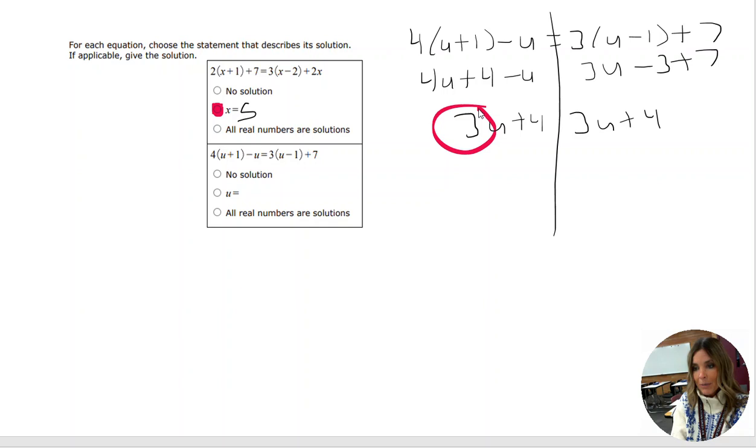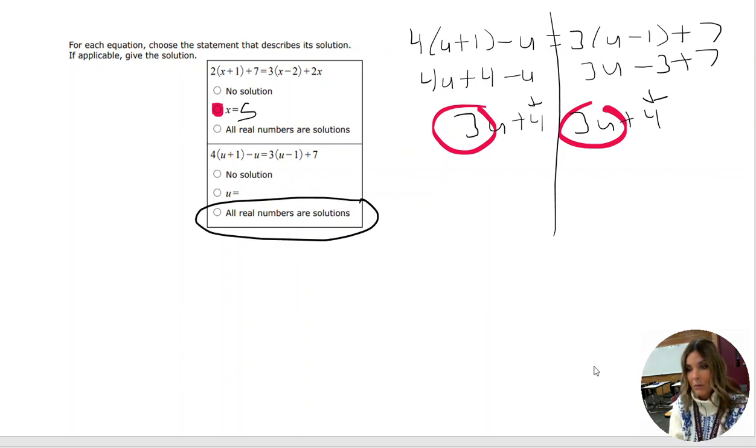Because our variable terms are the same, and so 3 is being multiplied by the variable on both sides, and then we're adding 4 to that on both sides, we would say the solution for this equation is that all real numbers are a solution. And if we continue to solve from there, we end up getting 4 equals 4, which is a true statement.